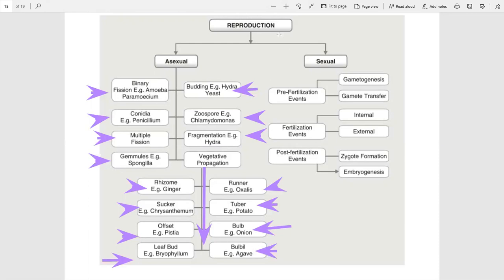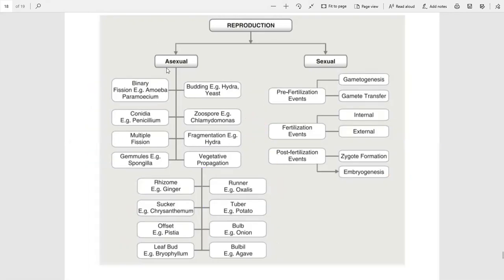And then comes sexual reproduction. There are three events: pre-fertilization events, gametogenesis, gamete transfer; fertilization events, internal and external; post-fertilization events, zygote and embryogenesis.